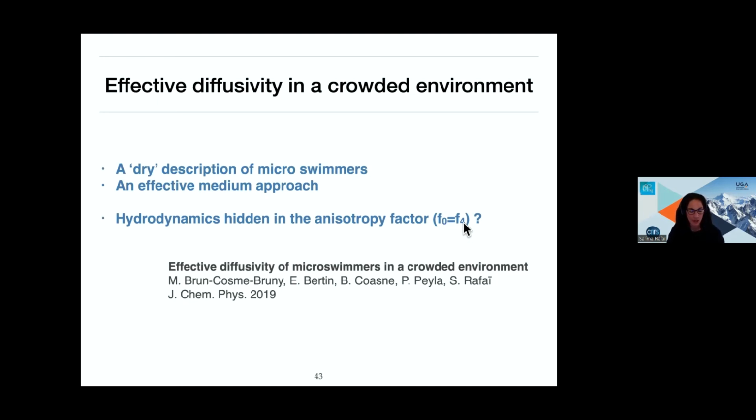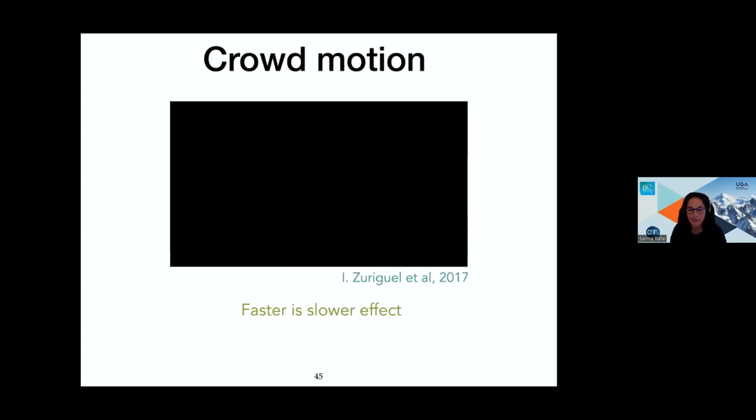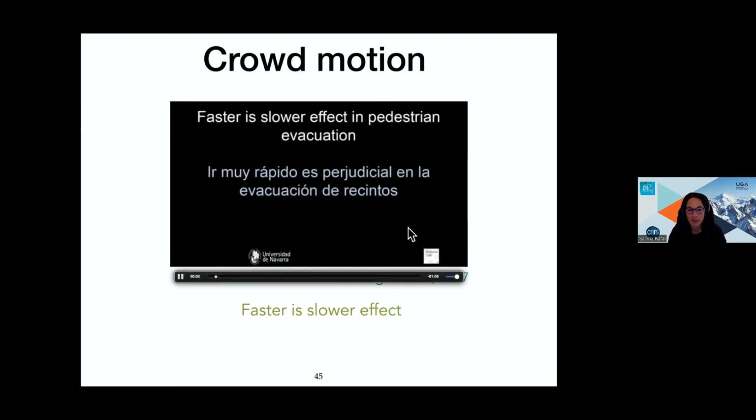Okay, so I'll go to ongoing work of Eduardo Alalam, a PhD student. We use our favorite model system to explore the dynamics of a crowd. You have probably heard about crowd dynamics.